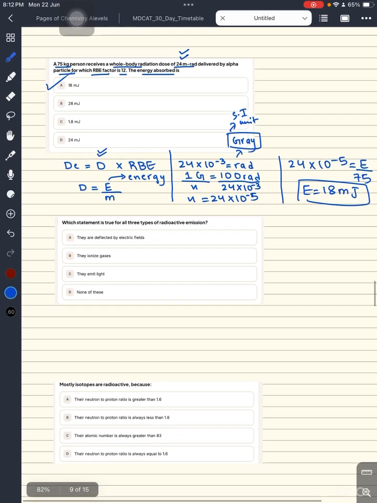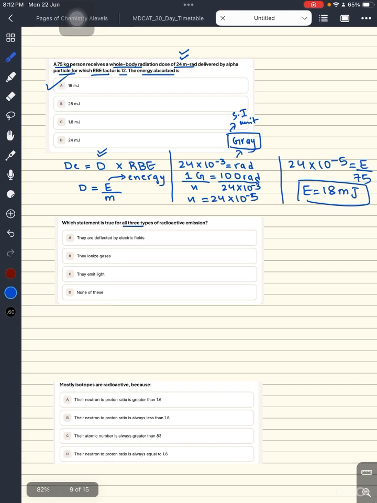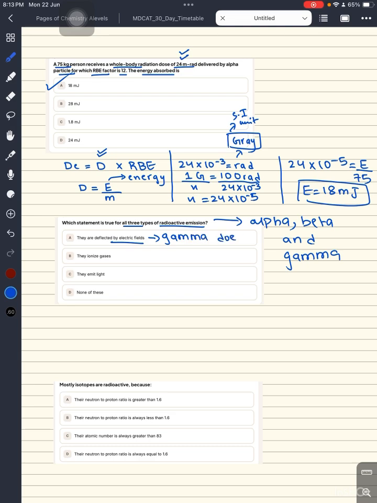Here we go. Which statement is correct for all 3 types of radioactive emission? There are 3 types: alpha, beta and gamma. Option A: they are deflected by the electric field. We know that gamma does not deflect, so it's incorrect.